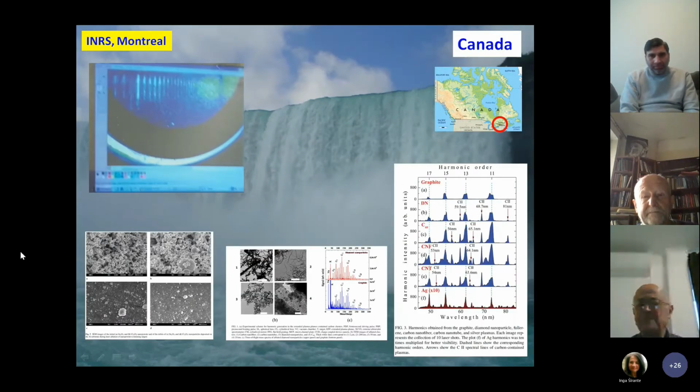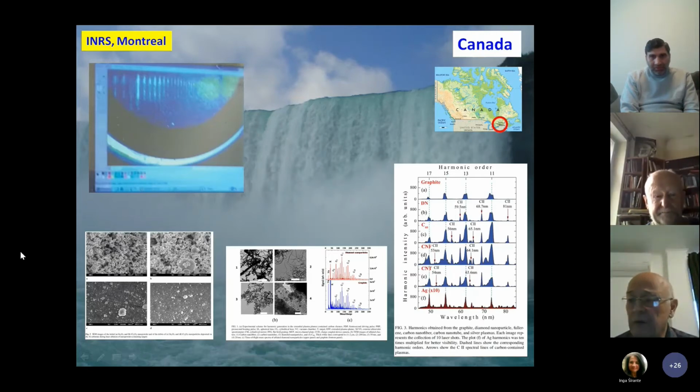The third interesting feature, which distinguishes high-order harmonic generation in plasma from high-order harmonic generation in gases, is the application of nanoparticles. Here I just show SEM images of nanoparticles of indium oxide and chromium oxide, which were ablated, and the two below SEMs are just the debris of those particles.